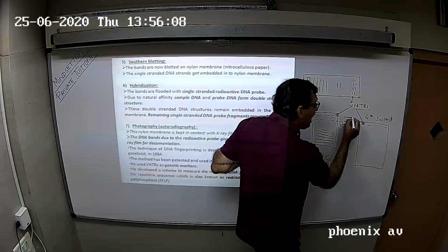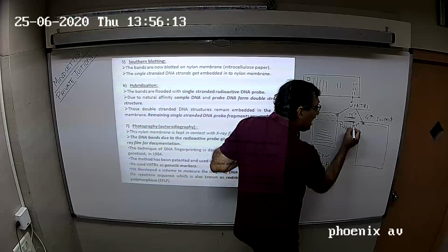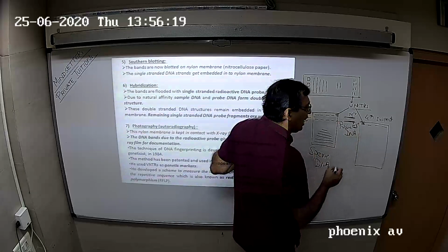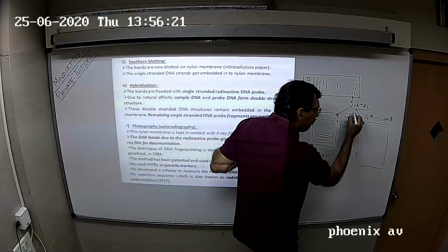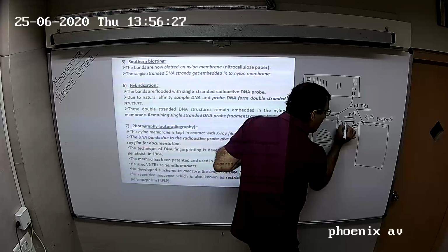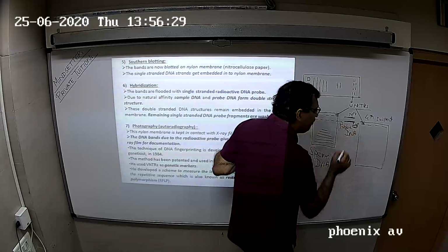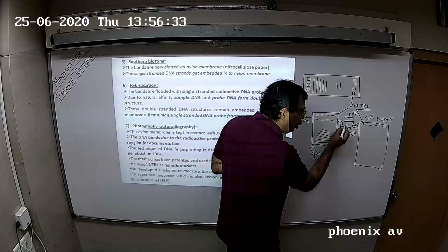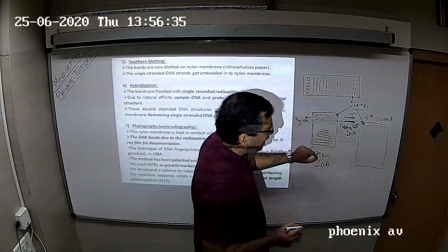If you remember, elementary is N14 and here what are we using? N15. So N15 isotopes are made against N14. The normal DNA is N14 and we are using N15 isotope, and we make a complementary strand of DNA which is called as the probe DNA. तो ये probe DNA बनाया जाता है.